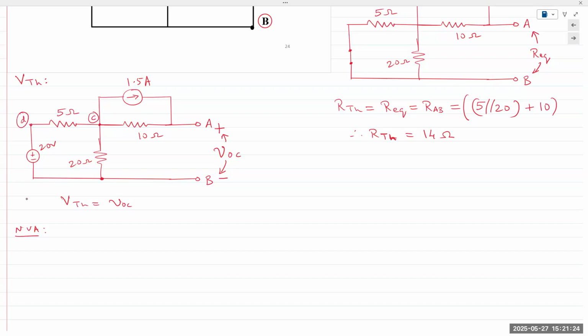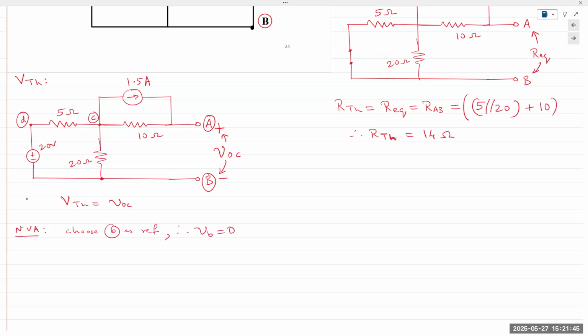If I choose B as my reference, A and B are given as uppercase, and I'm just using that. So let's say choose B as reference. Therefore, VB is equal to 0.